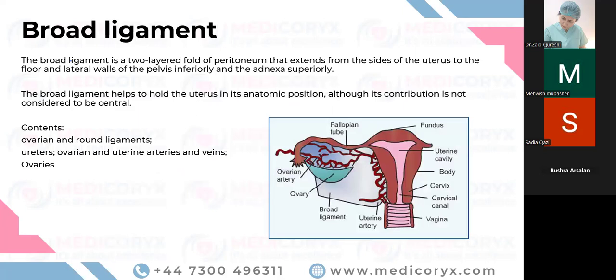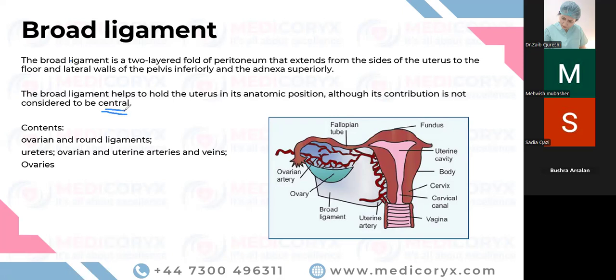The important points about the broad ligaments are here. Again, this is the two-layered fold of the peritoneum that extends from the side of the uterus to the pelvic floor and the lateral walls of the pelvis inferiorly and adnexa superiorly. It helps to hold the uterus in anatomic position, but its contribution is not considered to be central. It's not the primary support of the uterus.